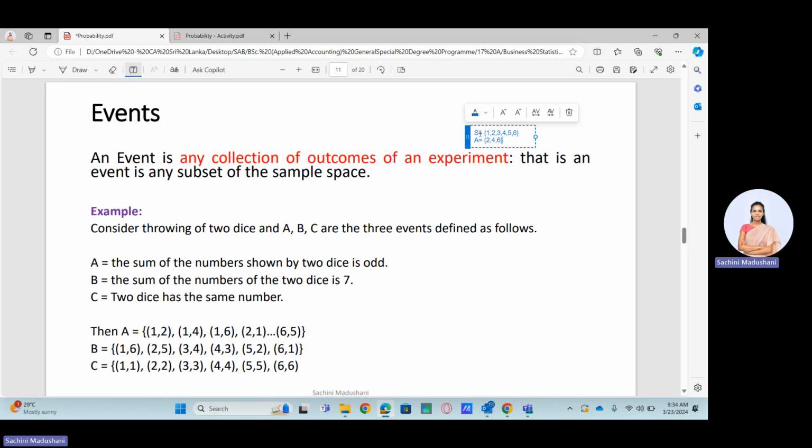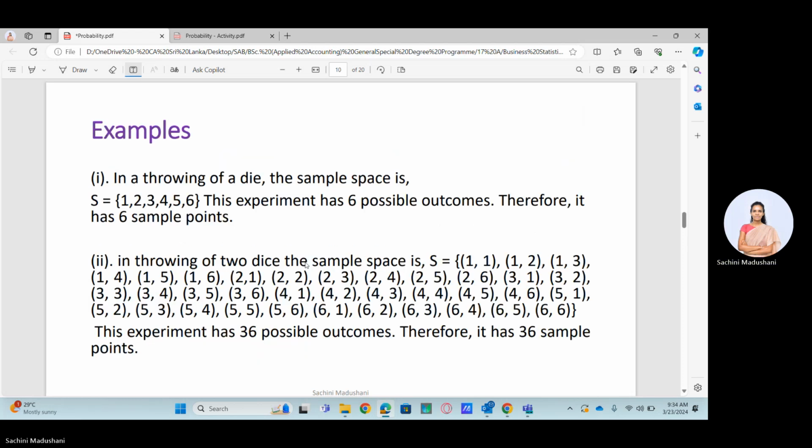Then this is the example. The sum of the numbers shown by 2 dice is odd. Here we have the sample space of rolling 2 dice. First, getting a sum that is odd. We identify which sample points give a sum that is an odd number.